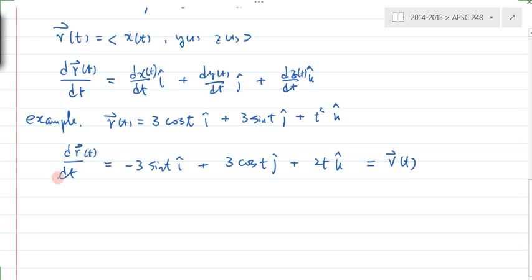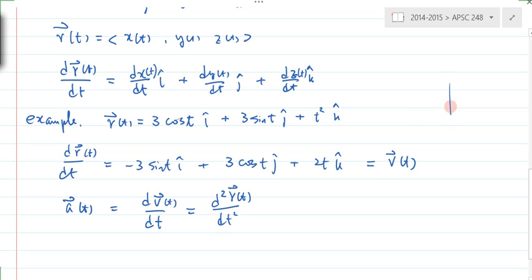What I need now is the acceleration. So we take another derivative of this velocity, which is basically the second order derivative of the original position vector. That's acceleration, while this here represents the velocity.